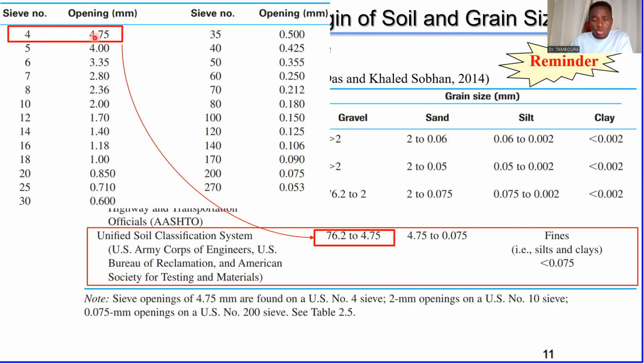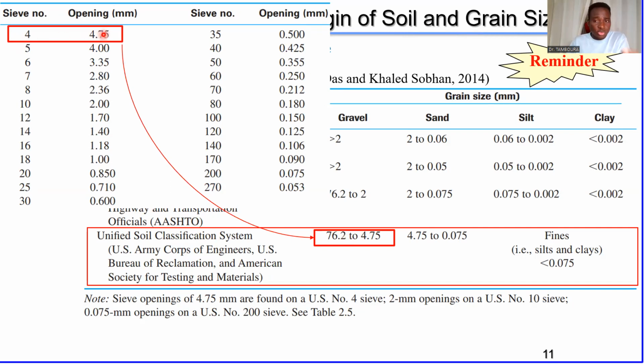So we need to know the amount of soil that is retained on sieve number 4. That will be gravel. Because if it doesn't pass sieve number 4, it means that the soil particle is larger than 4.75, because the opening of this sieve is 4.75.